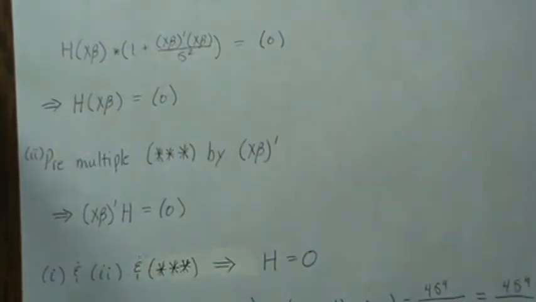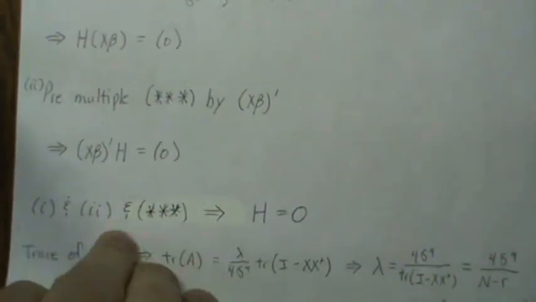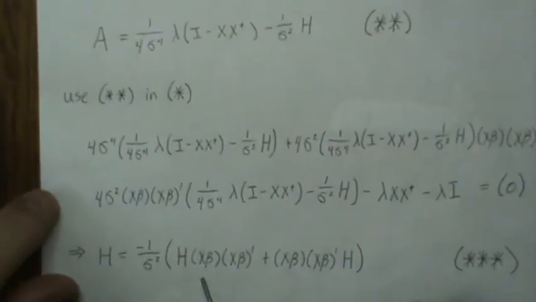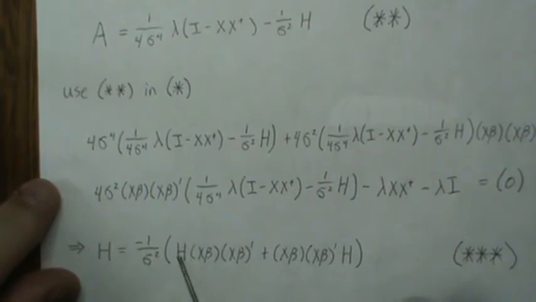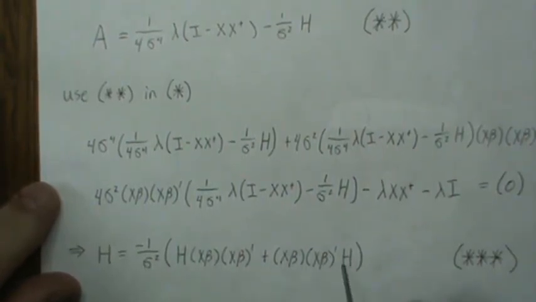Okay, so now we can do that. So we just showed that this piece is 0 and that piece is 0. So this is 0. So h must be 0.